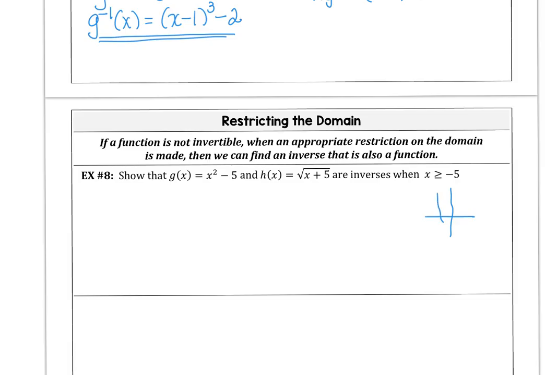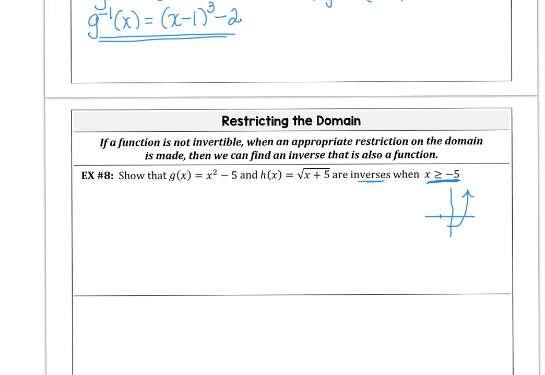So already that is not an invertible function unless we restrict the domain, when x is greater than or equal to -5 on the inverse. So what we're wanting to do is restrict the domain of the function, and then that will restrict the domain of the inverse.